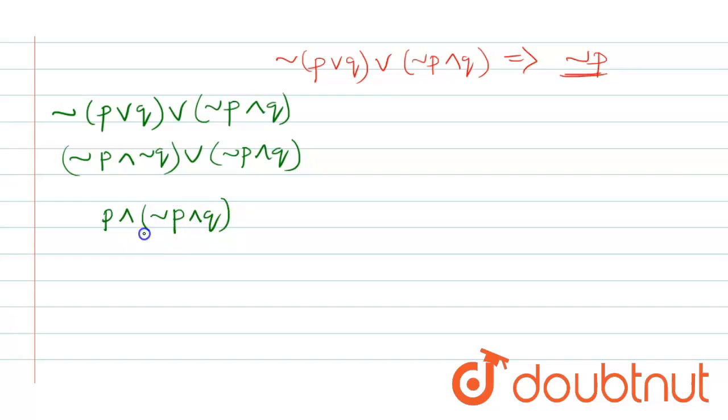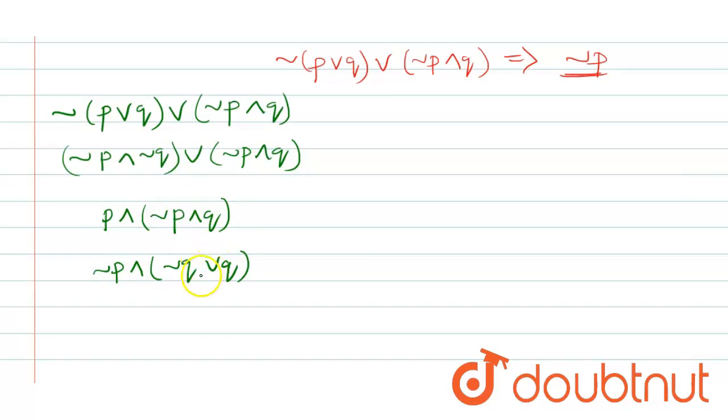By applying the truth table here, we can say one thing: negation of P and negation of Q or negation of Q. By applying the truth table here and here, we got the same answers. So by replacing this value we can write this value here.